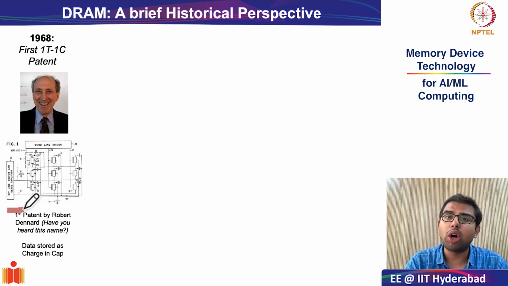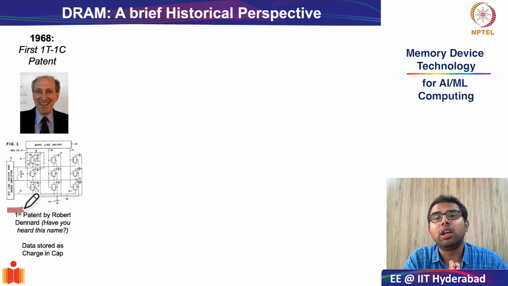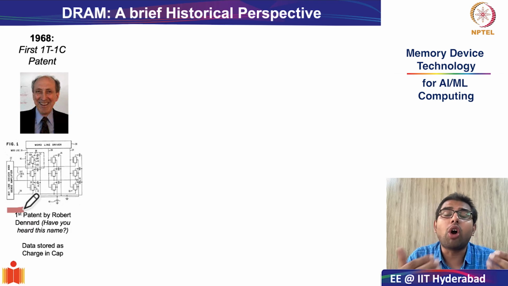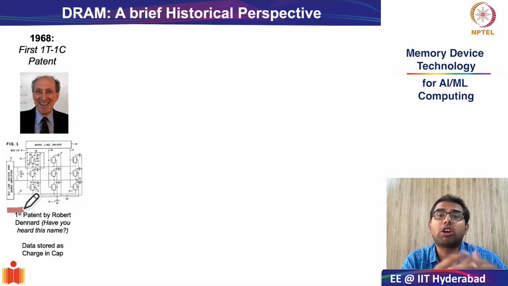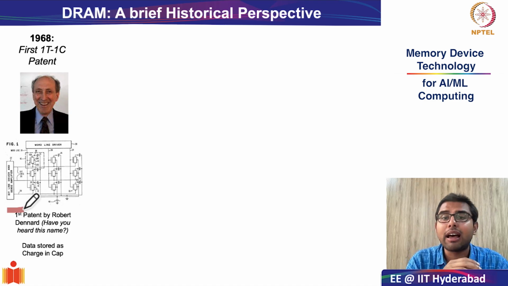What is Dennard's law of scaling? Dennard's law of scaling gives the prescription of how you have to scale the dimensions of the transistor so that you are not compromising on the performance of the transistor. What Dennard came up with was the first prescription of scaling, which was the constant electric field scaling. Anybody who has done a basic course on semiconductor devices must have heard his name surely.